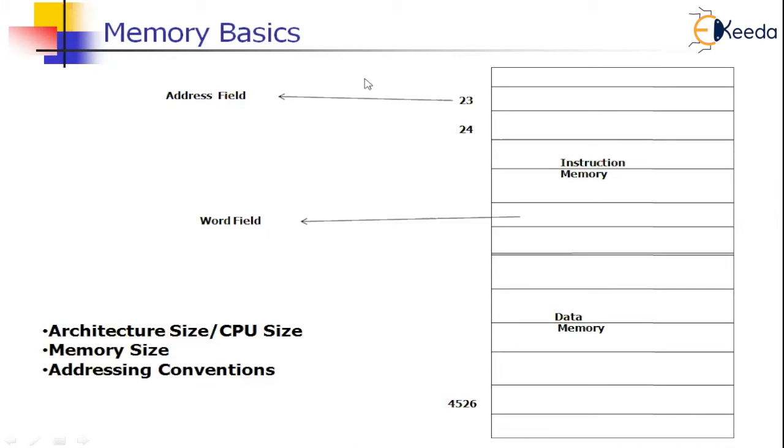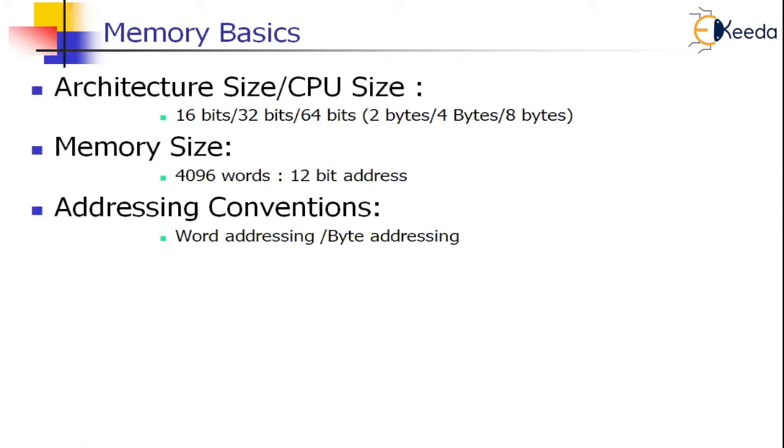The first address of the main memory should be 12 zeros, and the final address will be 12 ones. So the address part of the main memory should be 12 digits. As we are discussing the memory basics, this is the right time to design a simple main memory for the processor we are already designing.